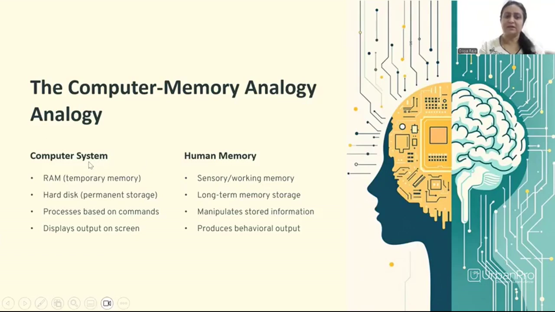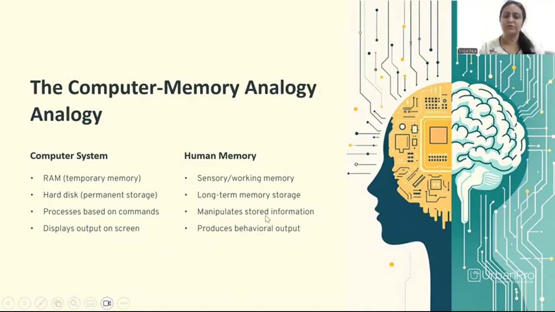And just like how the computer system has permanent storage, the hard disk, we also have permanent memory storage, which is the long-term memory. And just like how the computer processes the information stored in memory based on whatever commands you give, human memory manipulates or uses stored information based on what I need to do right now. And the computer system, after processing the stored information, will display the output on the screen.